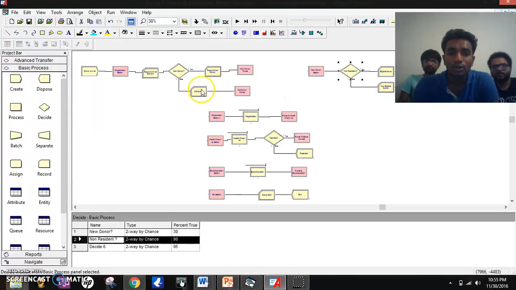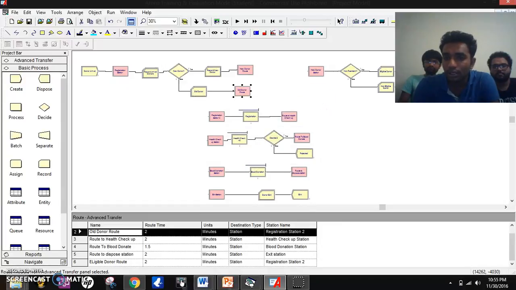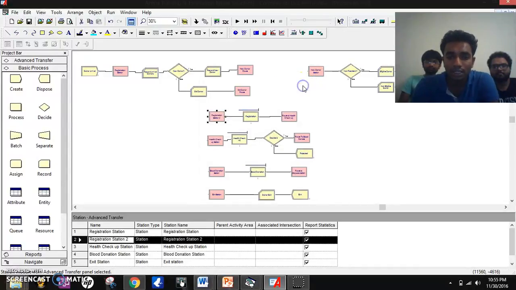Old donors also come to the registration system. We use the same route for both the old donor and the new donor for the registration system. Here is the registration tool for the old and new donors, and they register in this system.